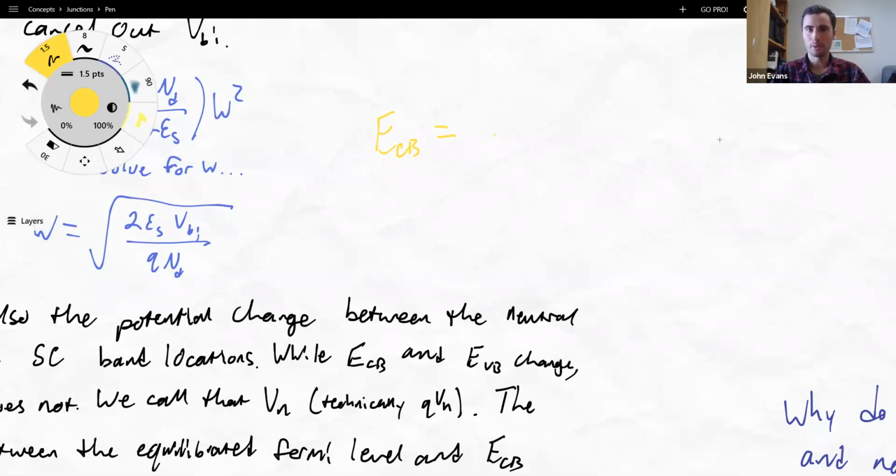That's equivalent to the fundamental charge times the voltage of the conduction band, right? Because this is in electron volts. So this is like electron times volts, right? Because this is the charge of an electron. So just make sure you're careful with that, that you don't want to mix potentials and energies. They're not the same thing. You have to add that factor there.